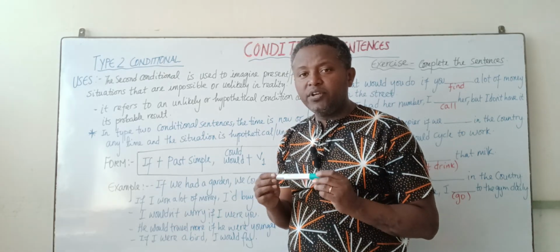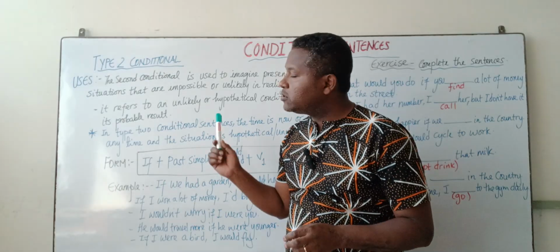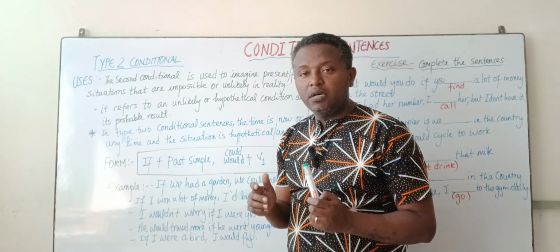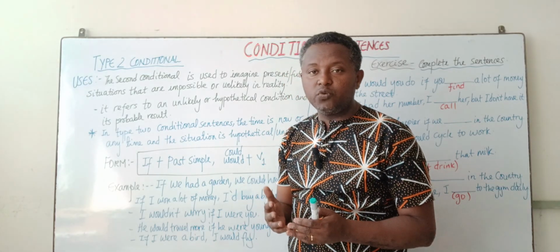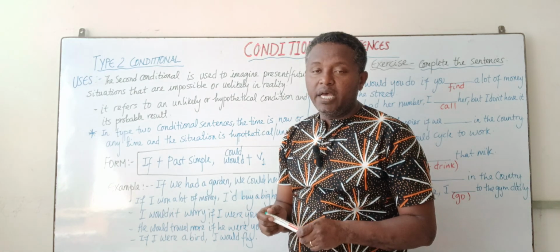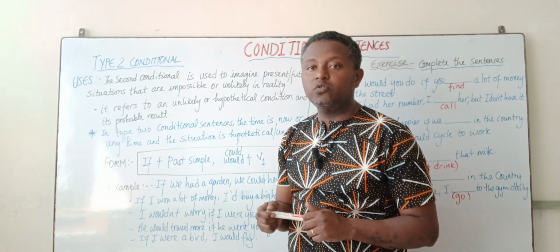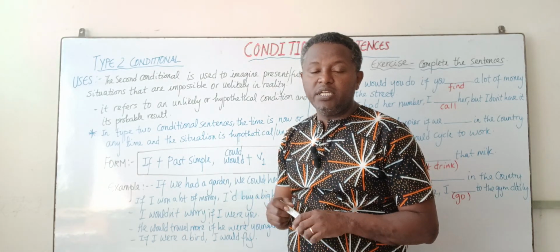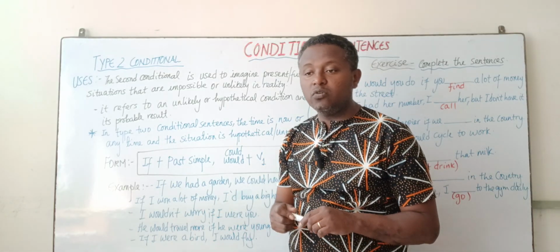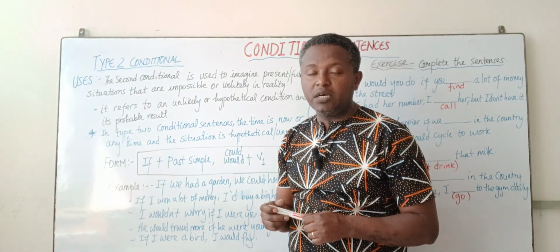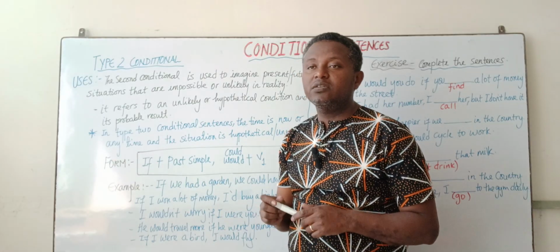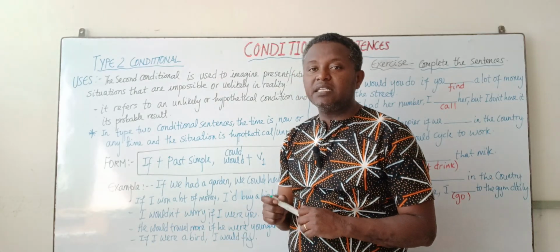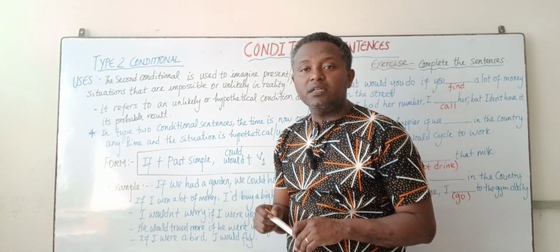So previously, if you remember, when we talked about conditional type 0, we said that it is used to talk about real situations or facts and general truths, and it is also used to show a cause and effect relationship between two things, two ideas, etc. We said that the structure of conditional type 0 was if plus present simple, and the main clause as well takes present simple.